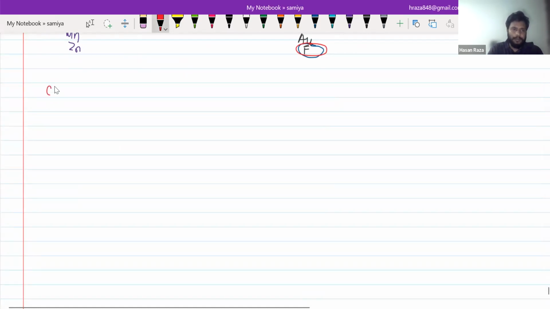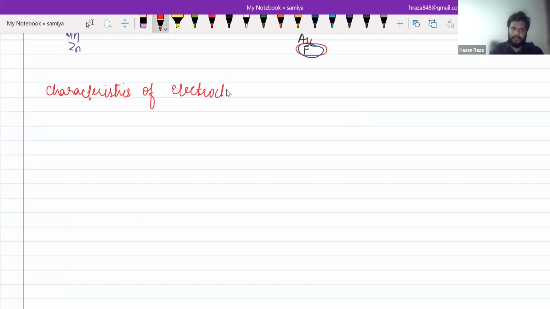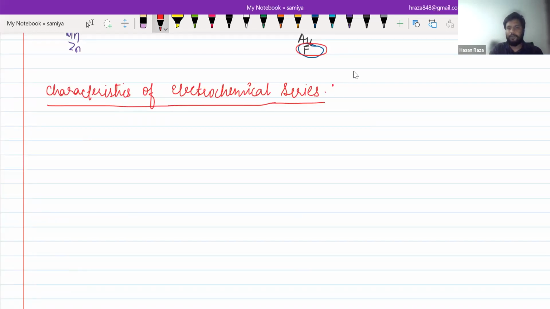Characteristics of electrochemical series. So when we talk about the characteristics of the electrochemical series, first of all, E naught R of hydrogen equals zero.